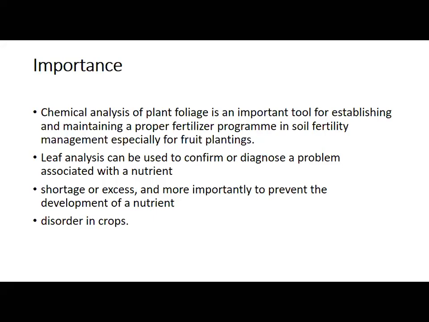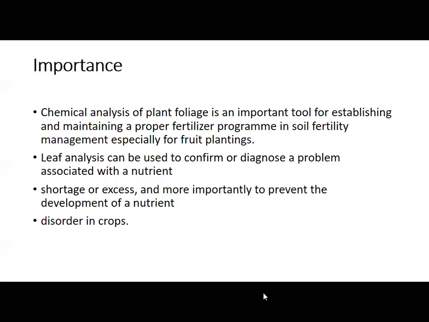We can meet the deficit in the form of fertilizers or organic manures for efficient production. Leaf analysis can also be used to confirm or diagnose problems associated with nutrient application.